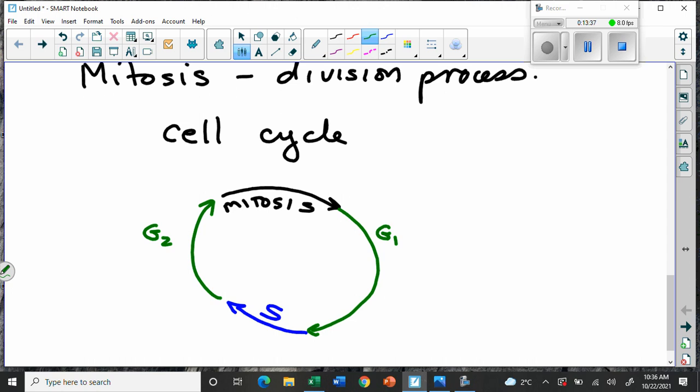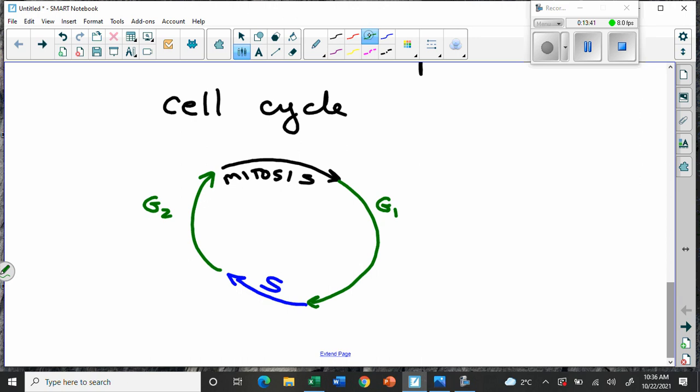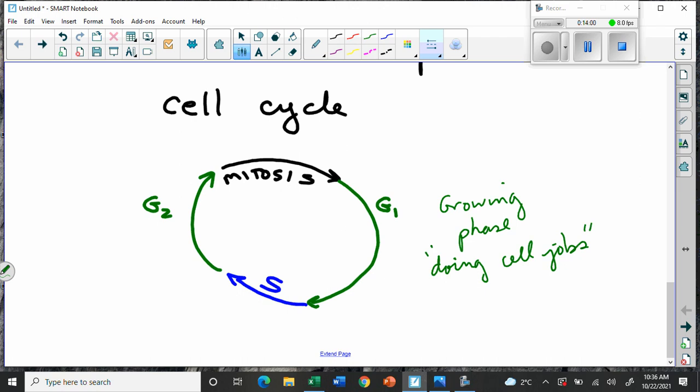So that's the cell cycle. Maybe we should write a few things to describe what we said. This is a growing phase. And also a growing phase, but not just growing, it's doing cell jobs. That's what the cell does. It's basically doing its work throughout that phase.